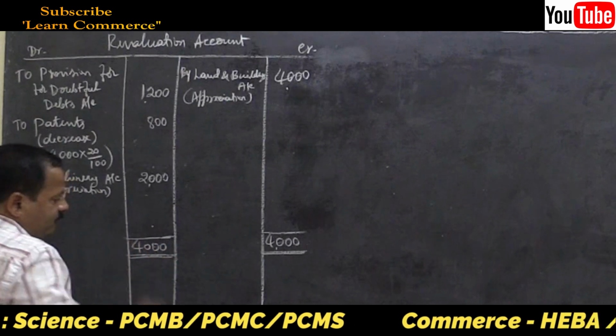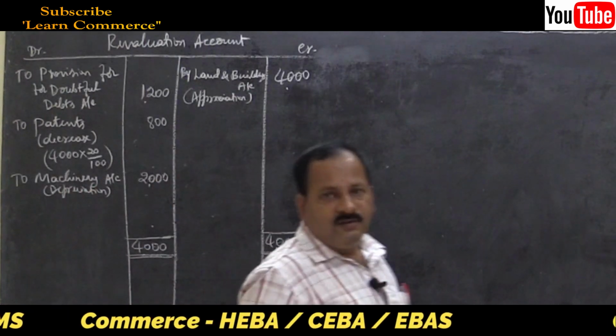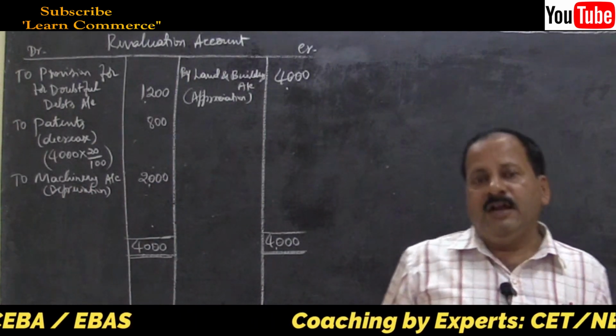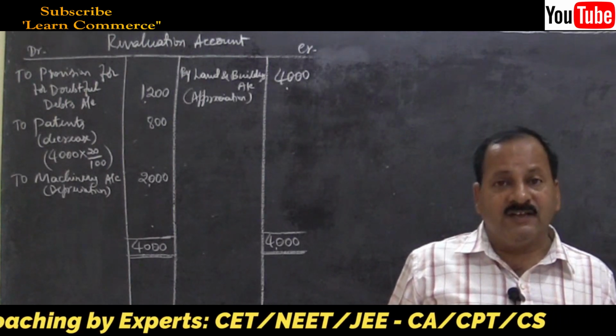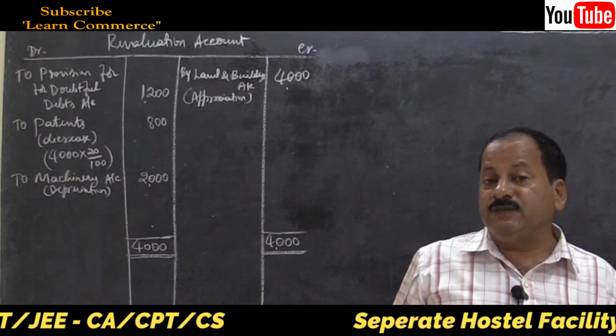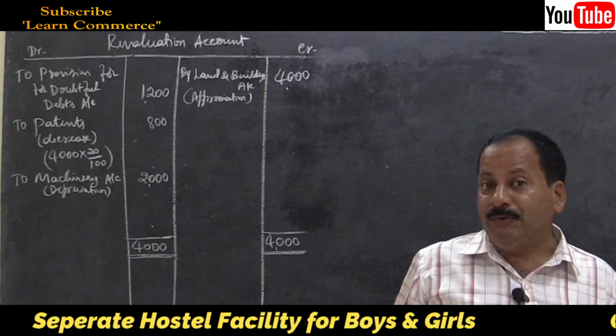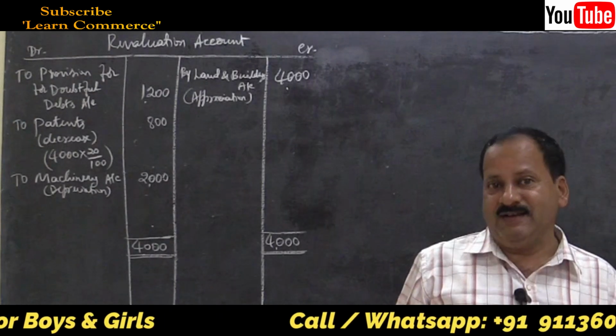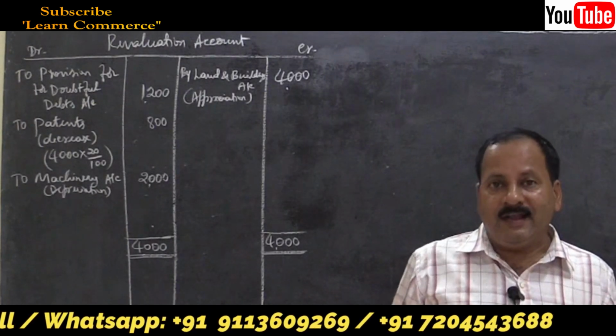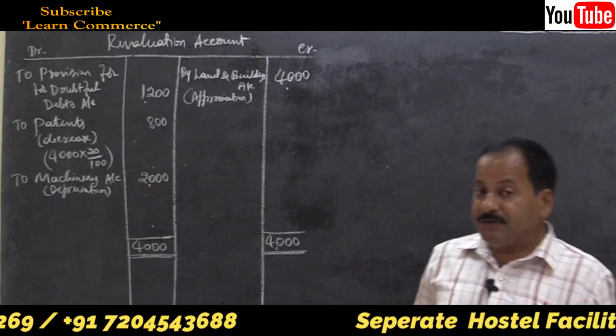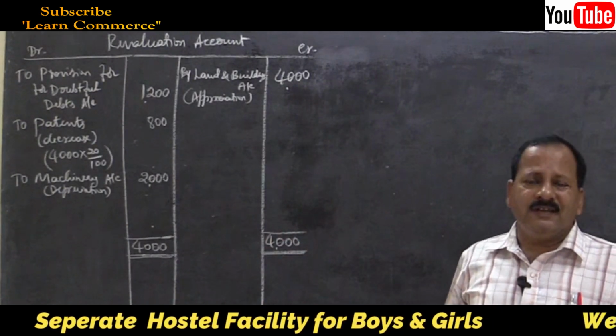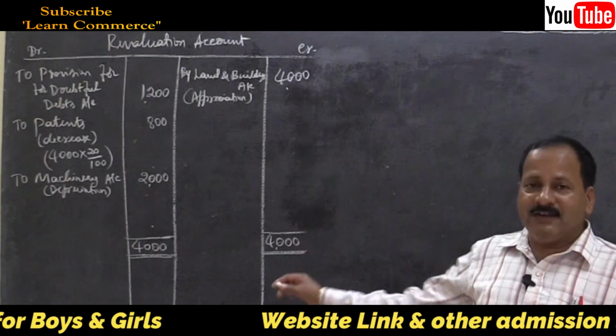Now what will you do? I told you in my previous class, if such a situation arises, what we have to do. I gave the solution also there. Nothing to do. Simply write the total and keep quiet.